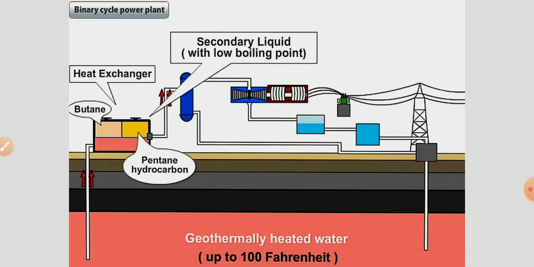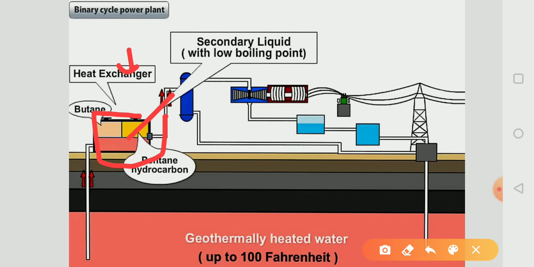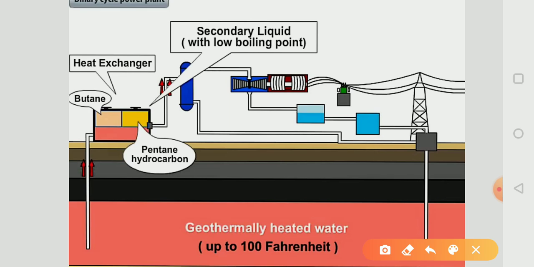Here we have a heat exchanger, and in this we have a secondary liquid with a low boiling point. It is butane or pentane hydrocarbon, and this is the vessel, and this is the turbine generator set, and the electricity generated by this is passed through the transmission line.